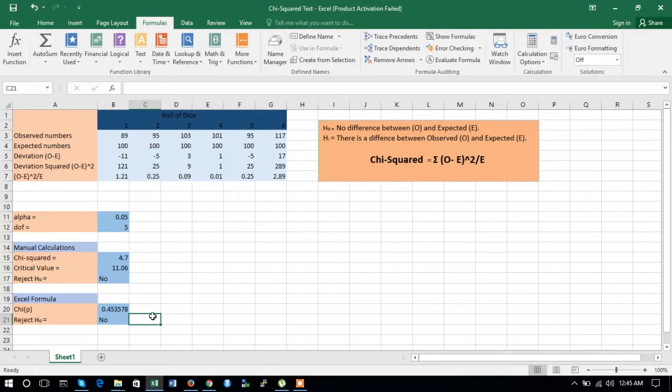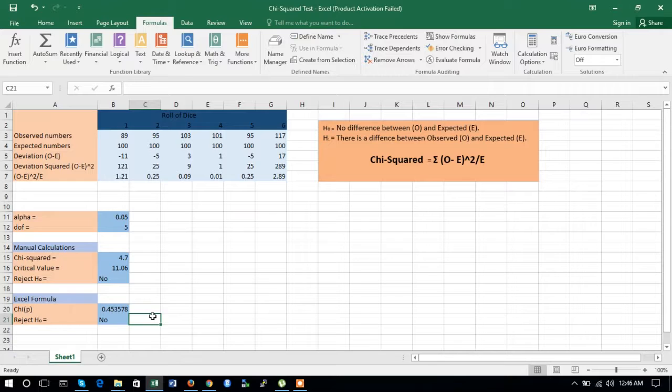So in this way we can do a chi-square test for the given data set, and we can assume the two hypotheses, the null hypothesis and the alternative hypothesis, and based on that we can carry out the chi-square test, the Pearson chi-square test, which is also called the goodness of fit test, which is used to calculate the significance between the observed and the expected numbers.